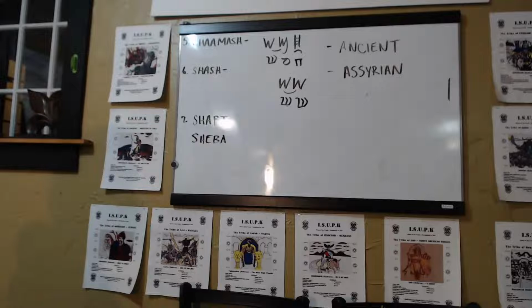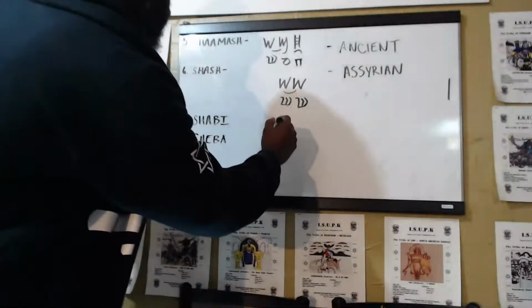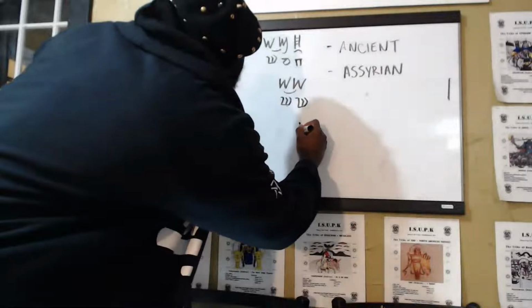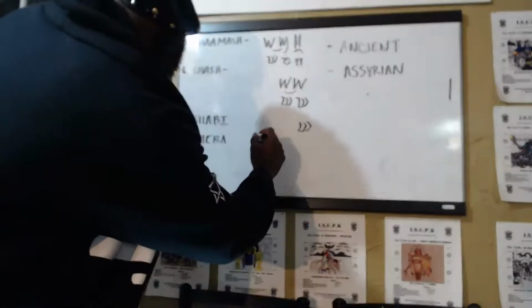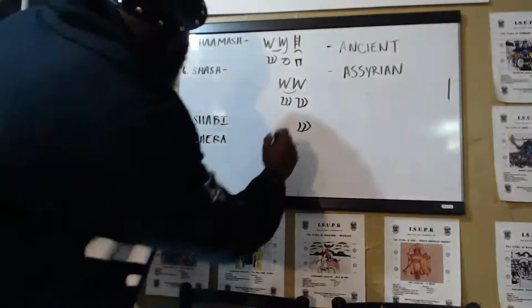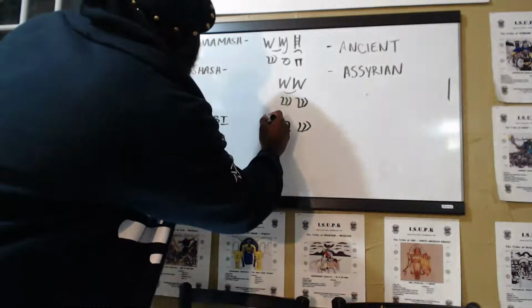So on this example, just for the sake of what you found in there, we're gonna put the Assyrian first. Let's change it up a little bit. The Assyrian, you found the Shah. Was it the Shah, the Ba, and the I?